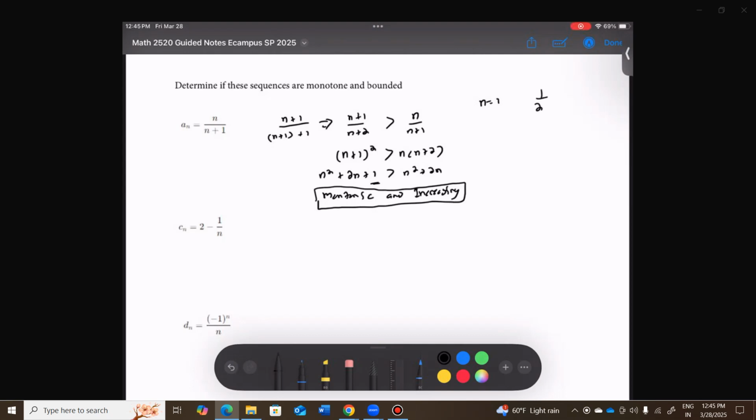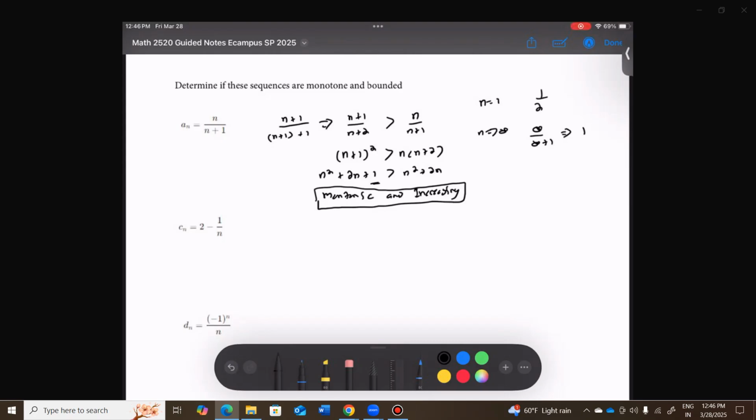If n goes to infinity, then you'll have infinity over infinity plus 1. Okay, that is basically going to 1. It's getting closer and closer to 1, but it won't ever reach 1.